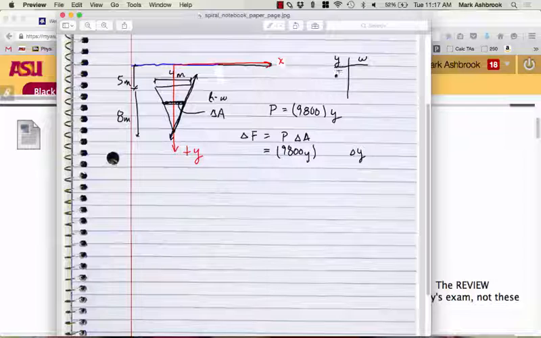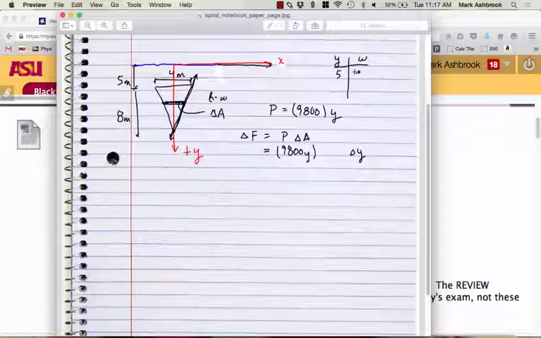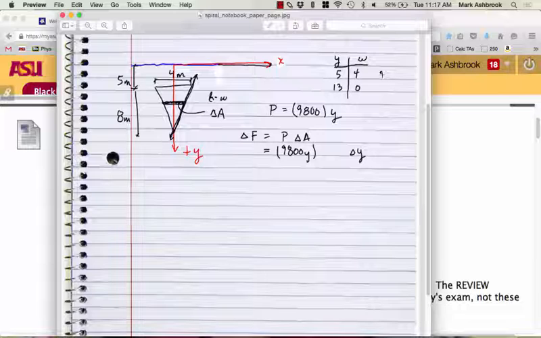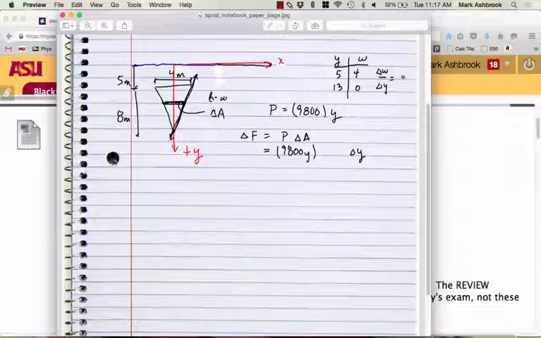So if we're doing that, then when y is 5, the width is 4. And when y is 13, the width is 0. So then our delta w over delta y is negative a half.